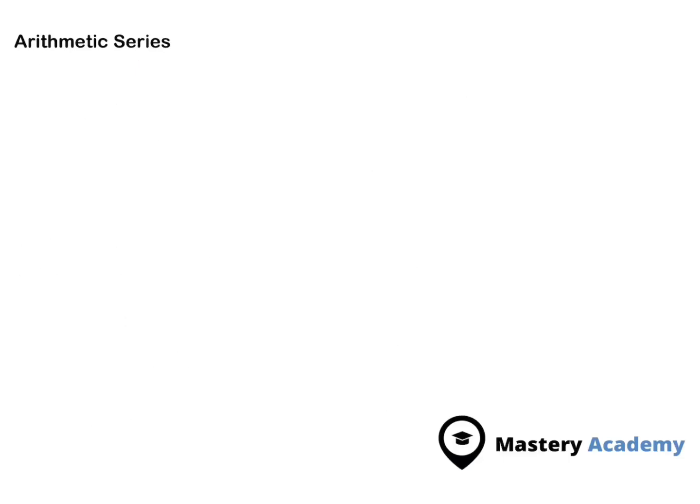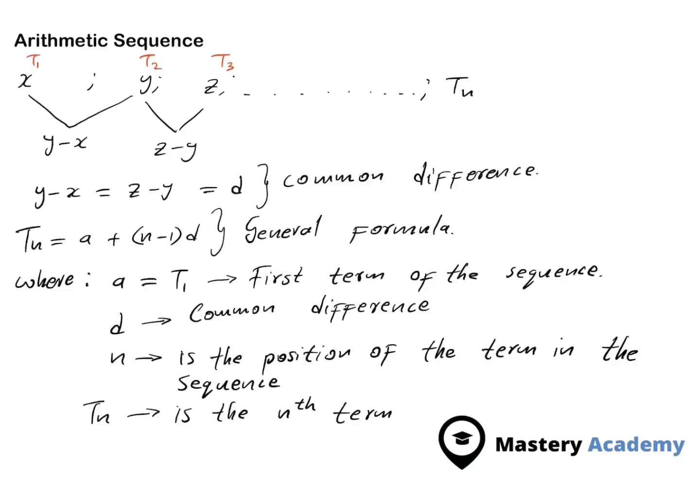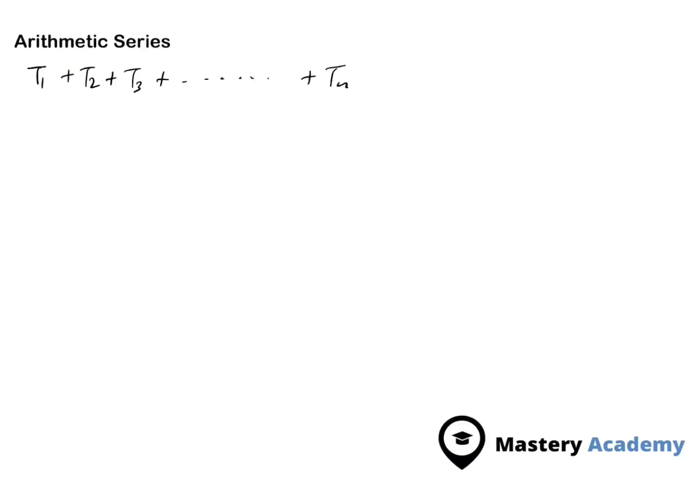An arithmetic series, perhaps you might have something like this, where you have T1 plus T2 plus T3 plus, until you get to the last term. If we use the terms that we used in the arithmetic sequence, we would have something like this: x plus y plus z, and then this continues.